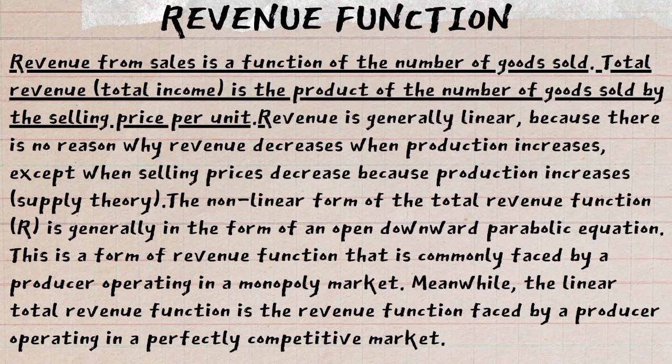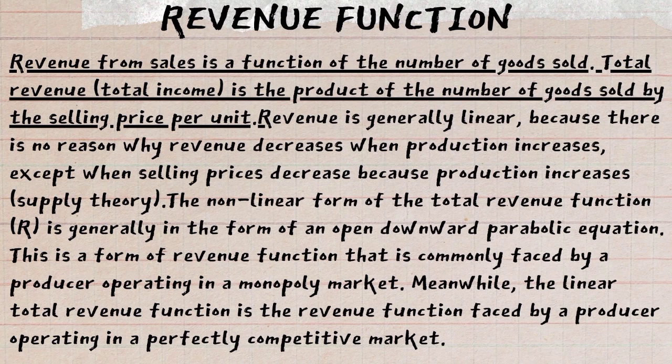The nonlinear form of the total revenue function, or R, is generally in the form of an open downward parabolic equation. This is a form of revenue function that is commonly faced by a producer operating in a monopoly market.